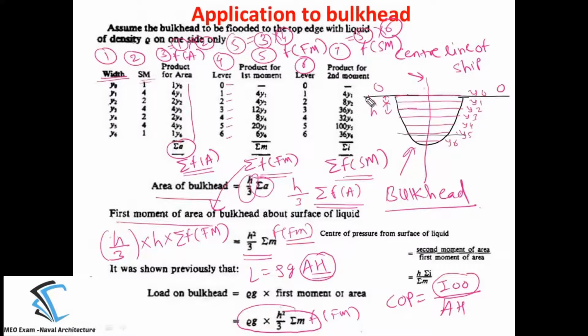In this case we have taken the free surface at the top of the bulkhead, divided by the first moment of area. The same thing we have written over here. Then you will get the location of the center of pressure as h into the summation of function of second moment divided by the summation of first moment. Like this you can calculate the location of the center of pressure.